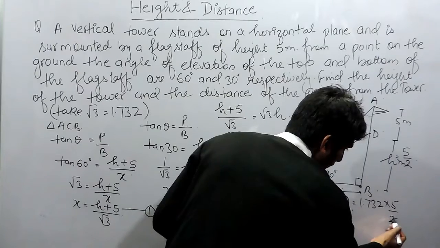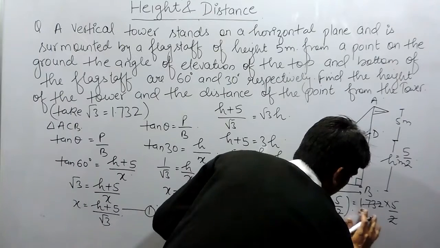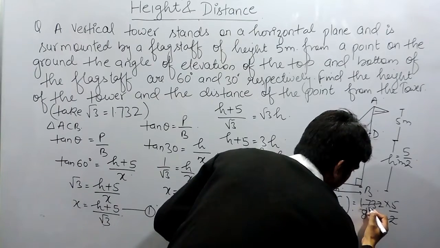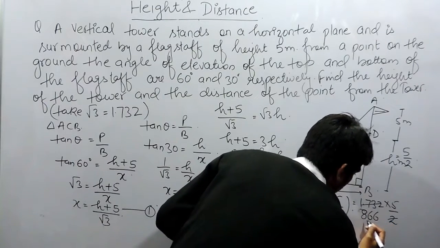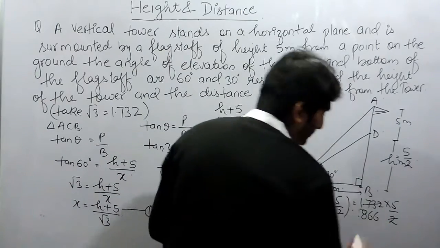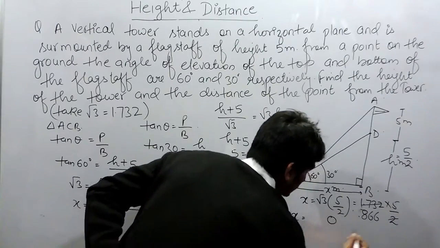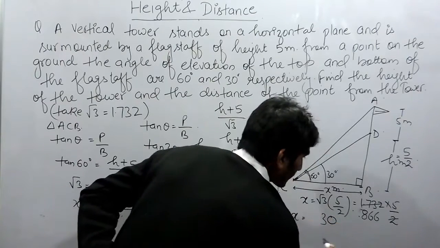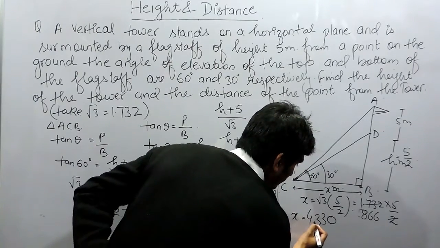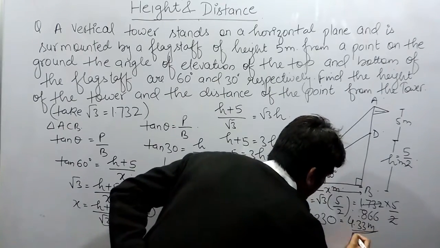Now if I cancel this out, this will be 0.866, and if I multiply 5 with 0.866, the value of x will be equal to 4.33 meters.